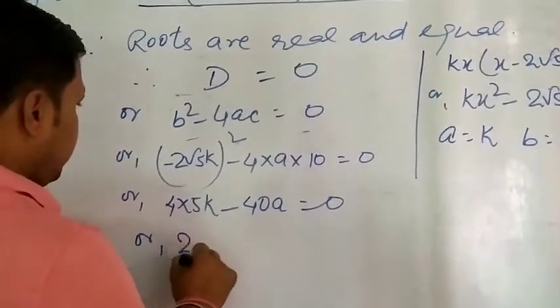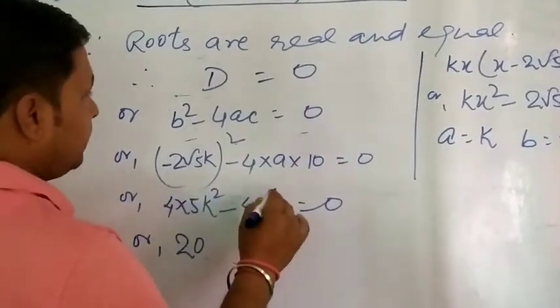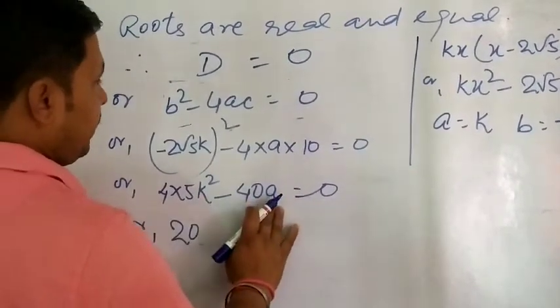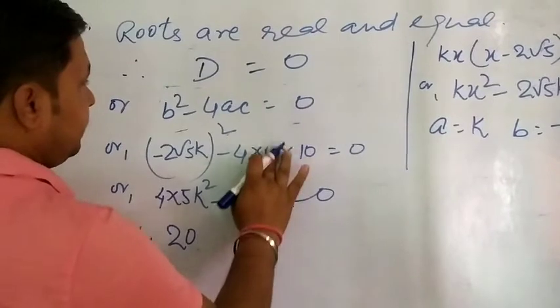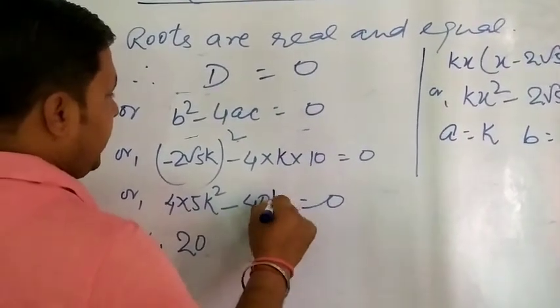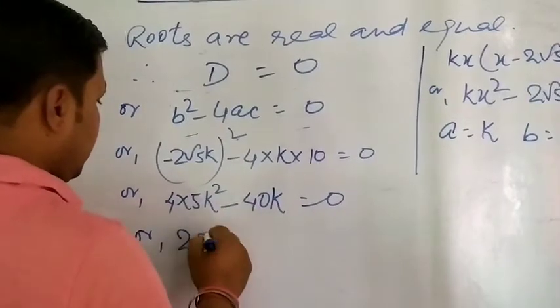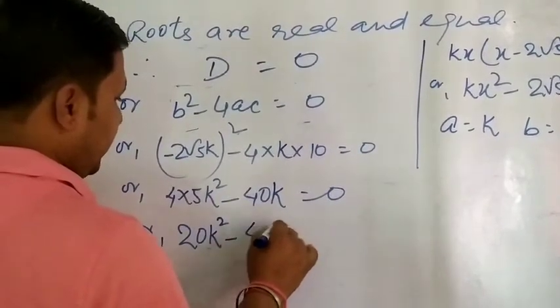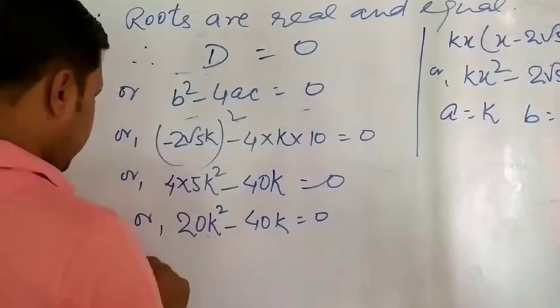That means 4 into 5k square minus 40k equal to 0, so 20k square minus 40k equal to 0.